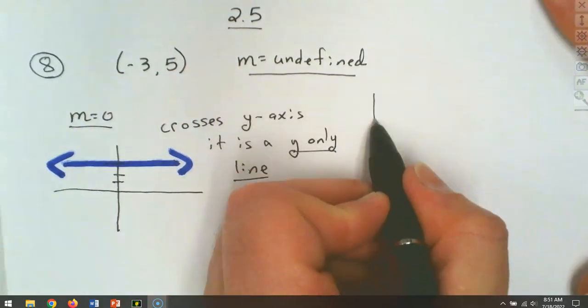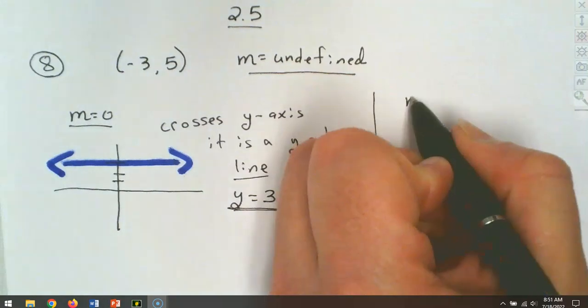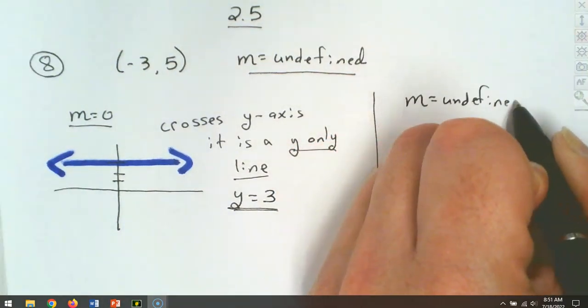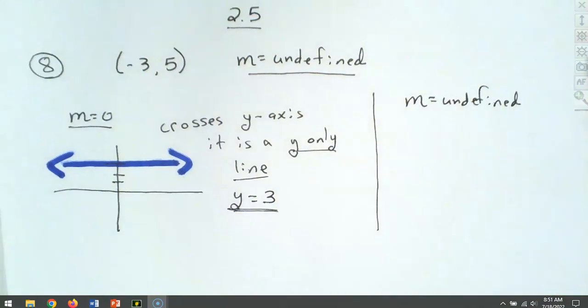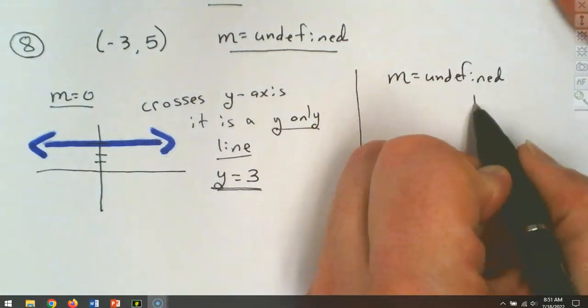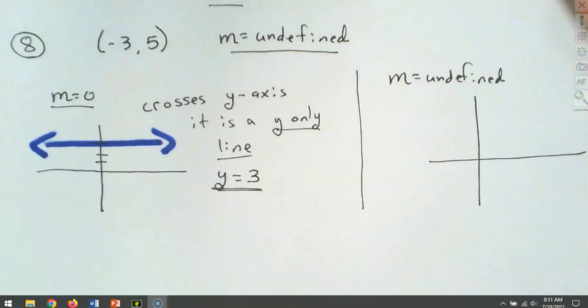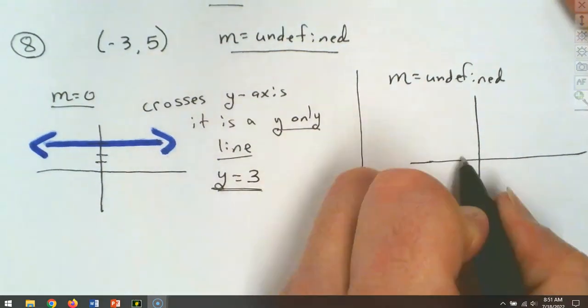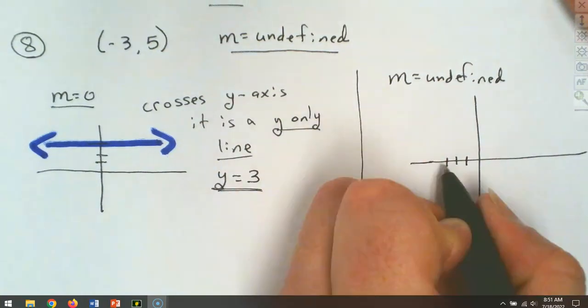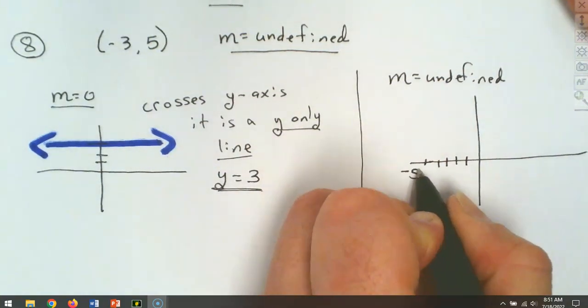Now, what about if your slope is undefined? Well, it's just the opposite of a 0 slope. In a 0 slope, that was a horizontal line. An undefined slope would mean it would be a vertical line. Let's say it's back here at -5.